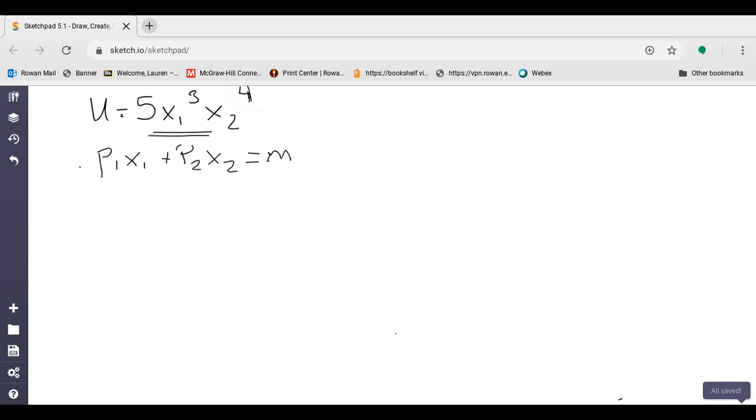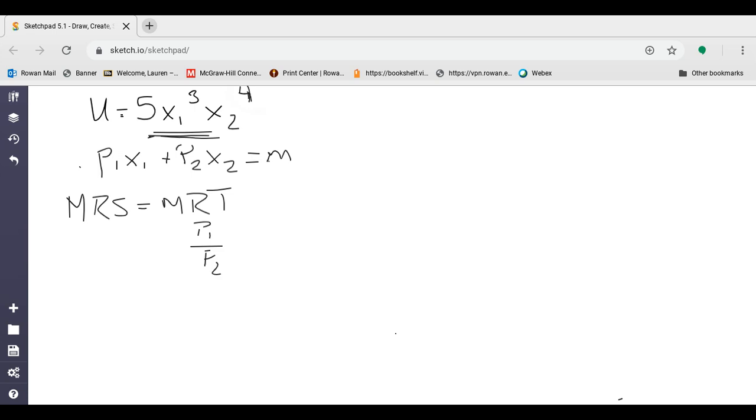So when we're doing utility maximization, we always want to set the marginal rate of substitution, MRS, equal to the MRT, marginal rate of transformation. The marginal rate of substitution has to do with the partial derivatives of the utility function, and the MRT is just P1 over P2.